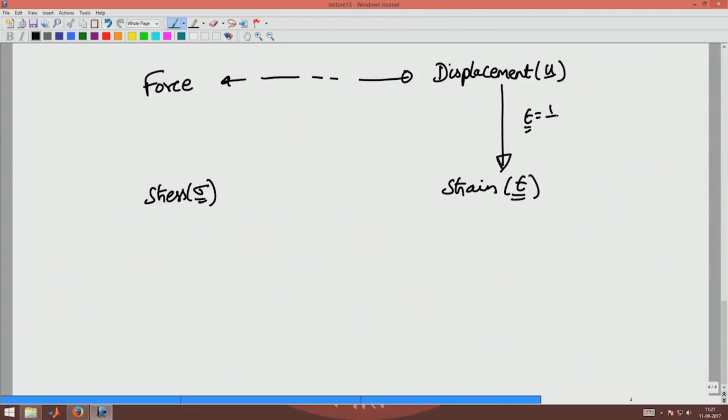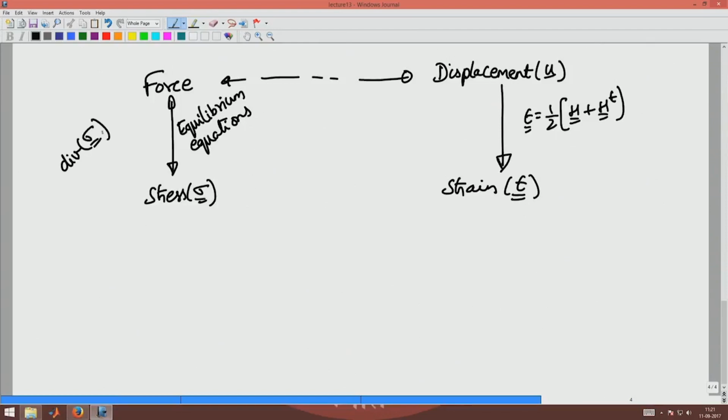The strain and displacement relation is 1 half (H plus H transpose), and then we have seen the equation that connects the stress and the force, which is the equilibrium equations: divergence of sigma plus rho b equal to rho a, and sigma equal to sigma transpose.